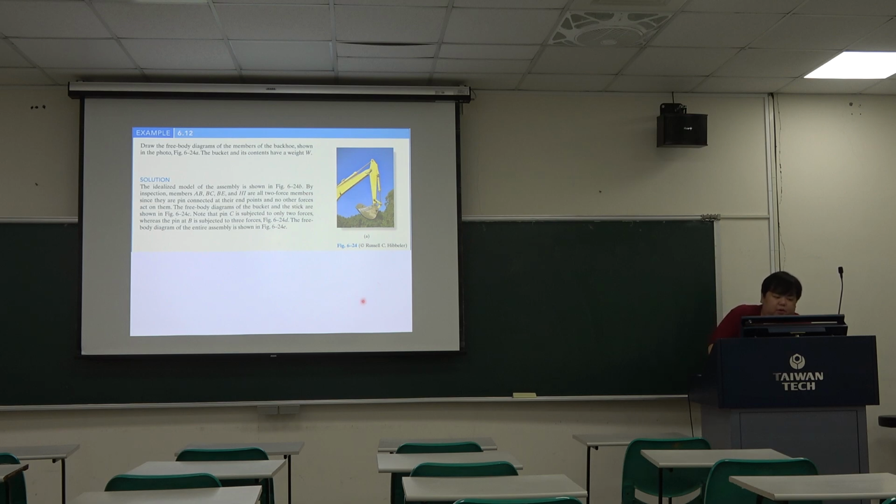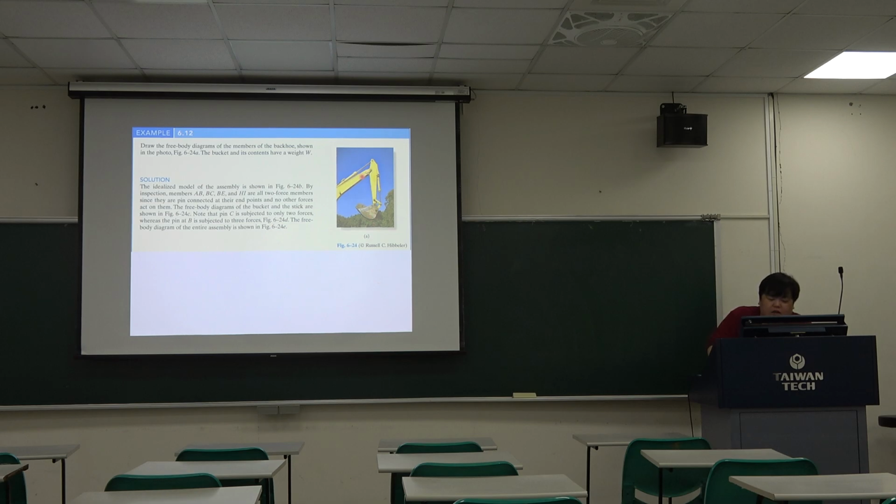This next example, draw the free body diagram of the members of the backhoe shown in this photo. And the backhoe and the content have the weight W. So this content, okay, we have the weight.